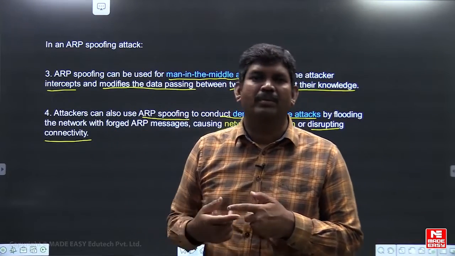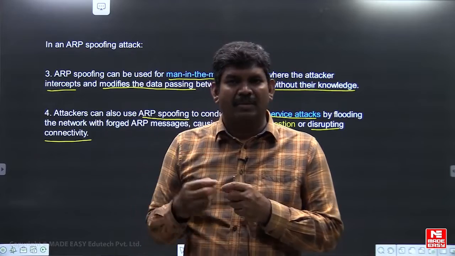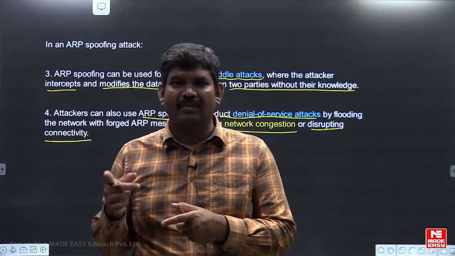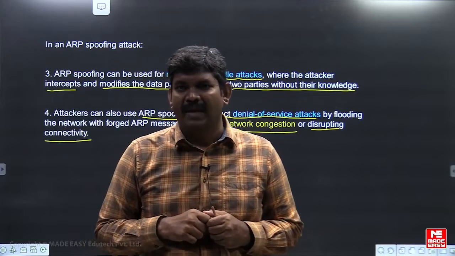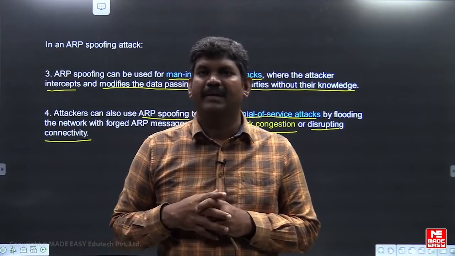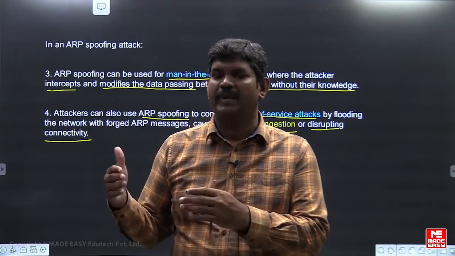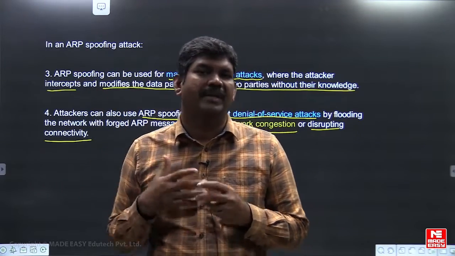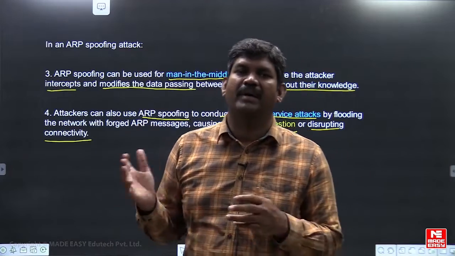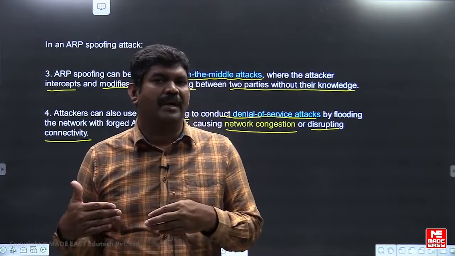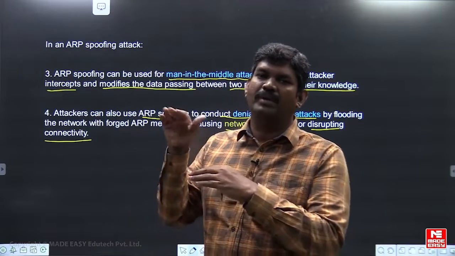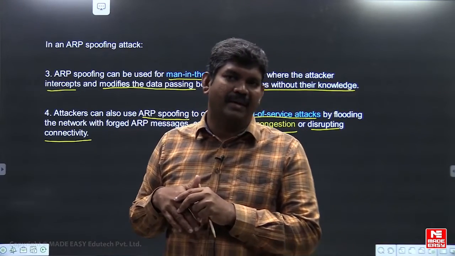So normally, the source IP and destination IP are available in the network layer header, and the source MAC and destination MAC are available in the data link layer header. You know very well that at the application layer the data is called a message, at the transport layer a segment or a datagram, at the network layer a packet, and at the data link layer a frame. So the lower layer always encapsulates the upper layer's data.